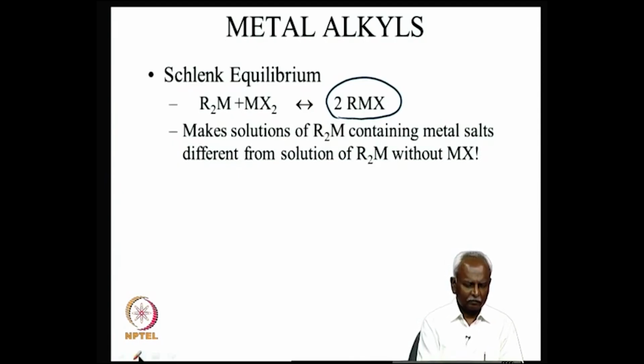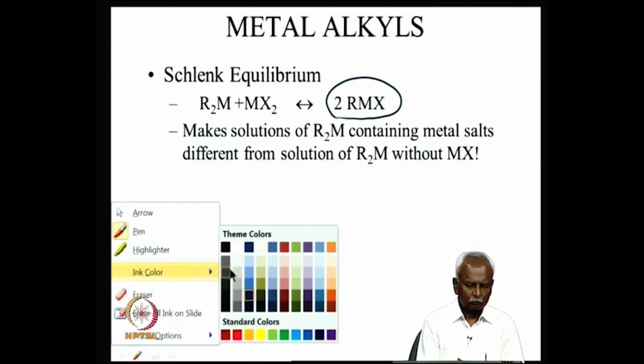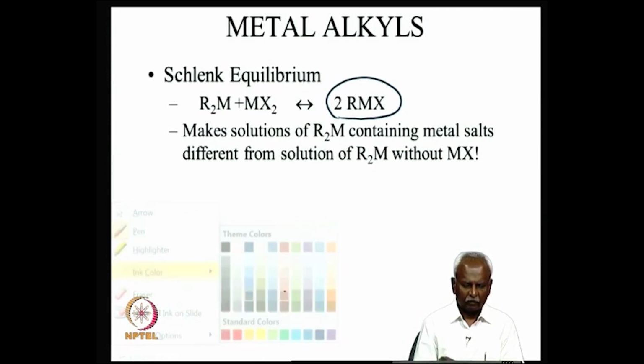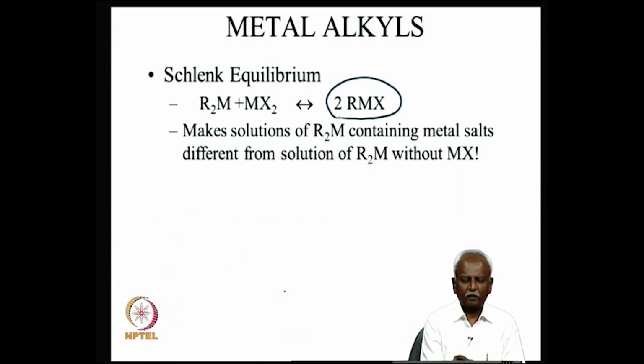You can change the reactivity of the solution by adding some MgX2 to the solution. So, you can change this equilibrium position by adding one of these compounds, and you can change the reactivity of the species.